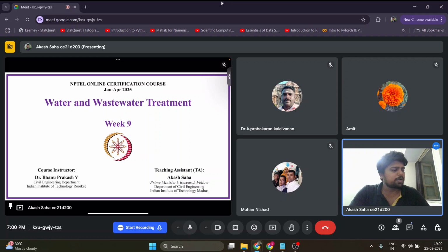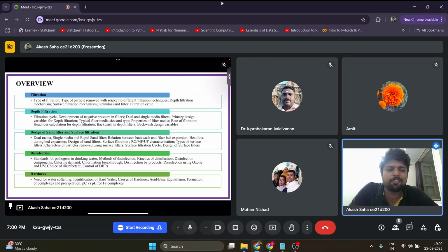Okay, so let's quickly go through the contents of week 9. In week 9 we started with filtration, where we learned about various types of filtration, what the different types of particles removed in filtration techniques are, and what the depth filtration mechanism and surface filtration mechanism are.